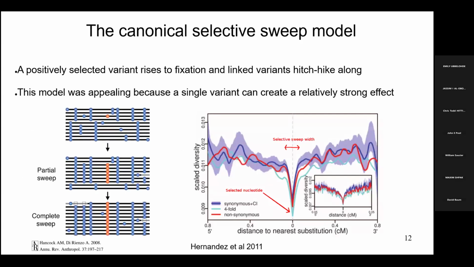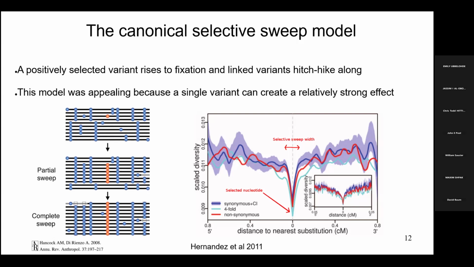So this is the canonical selective sweep model, where a positively selected variant rises to fixation, and the nearby linked variants tend to hitchhike along. So you have here a sample of haplotypes with surrounding diversity, shown by the presence of blue dots or their absence. So this haplotype is very rare.